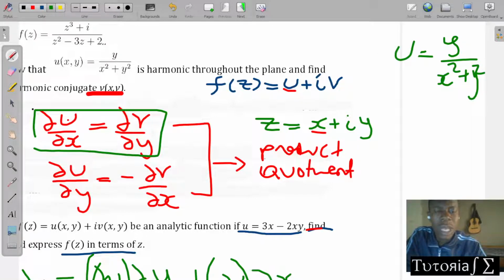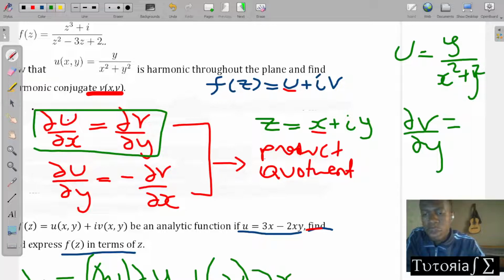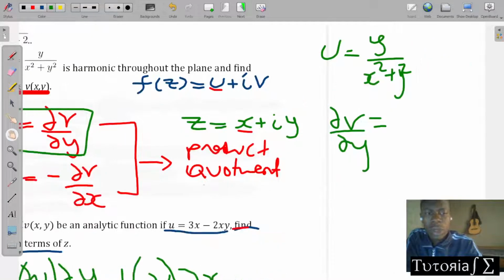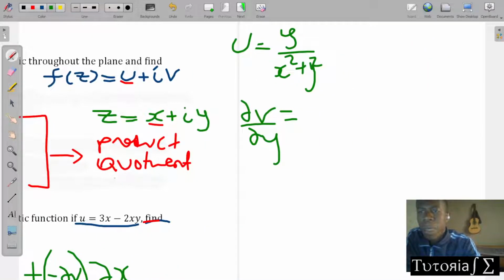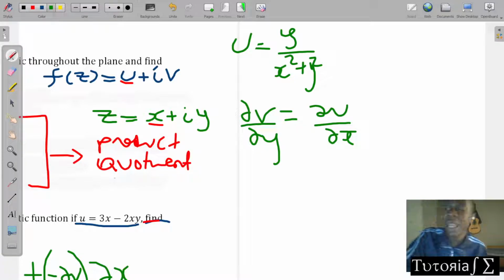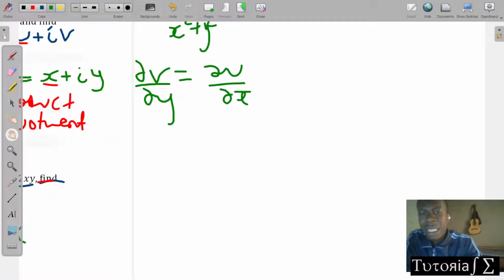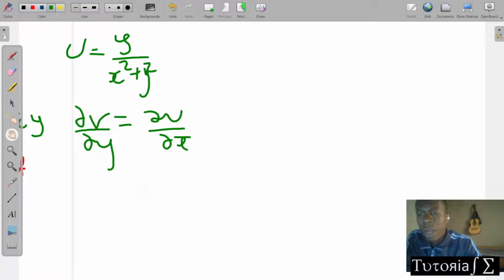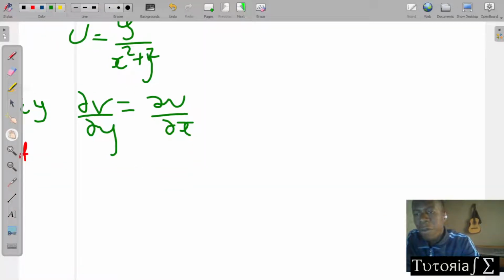u is equal to that, and we're looking for v, so I'm going to say dv dy is equal to du dx. And here simply I'm going to make dv the subject of the formula.